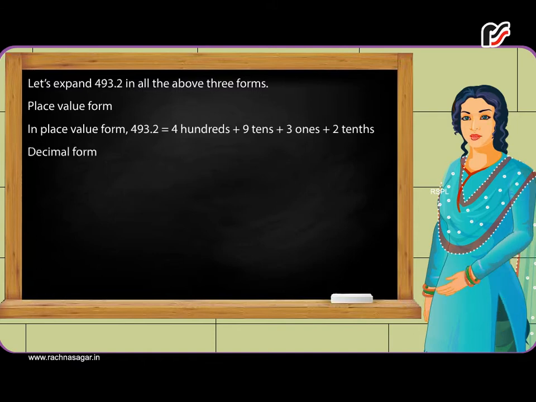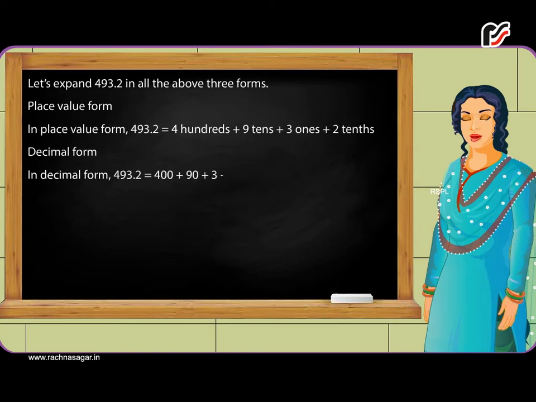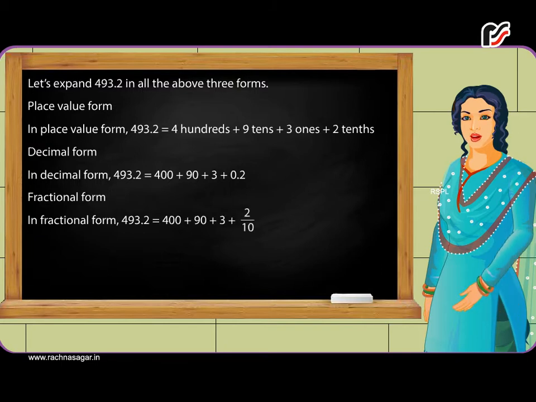Decimal form. In decimal form, 493.2 is equal to 400 plus 90 plus 3 plus 0.2. Fractional form. In fractional form, 493.2 is equal to 400 plus 90 plus 3 plus 2 by 10.